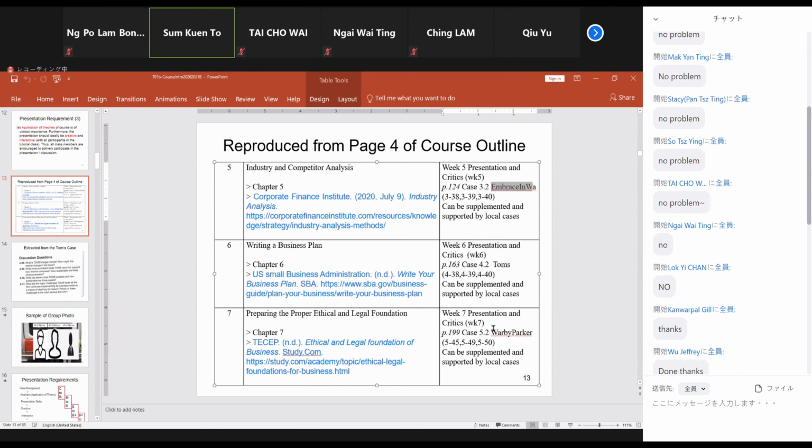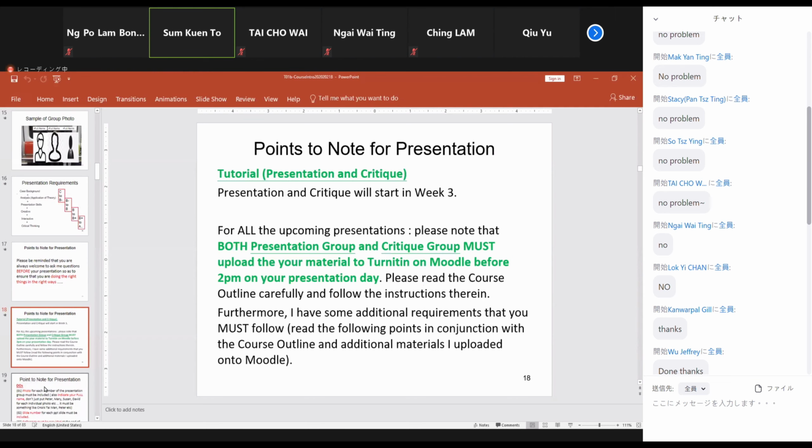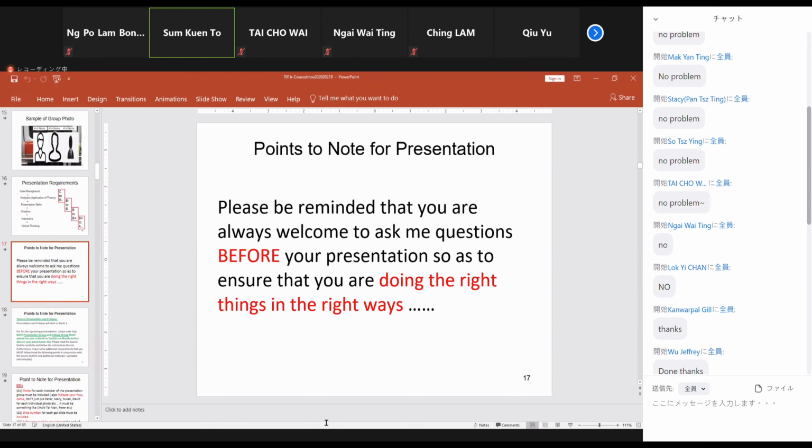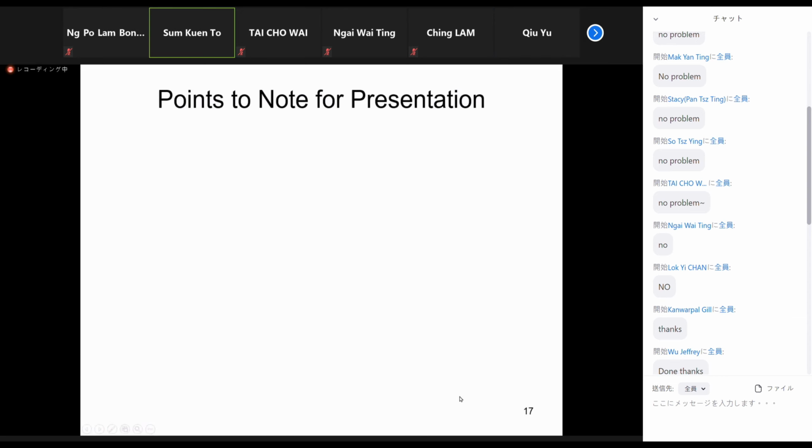They may present Warby Parker, but not Tops. It happened before, more than once, alright? And that's why make sure you are doing the right thing. People present the wrong case. Isn't it amazing? One person careless, but the whole group so careless.